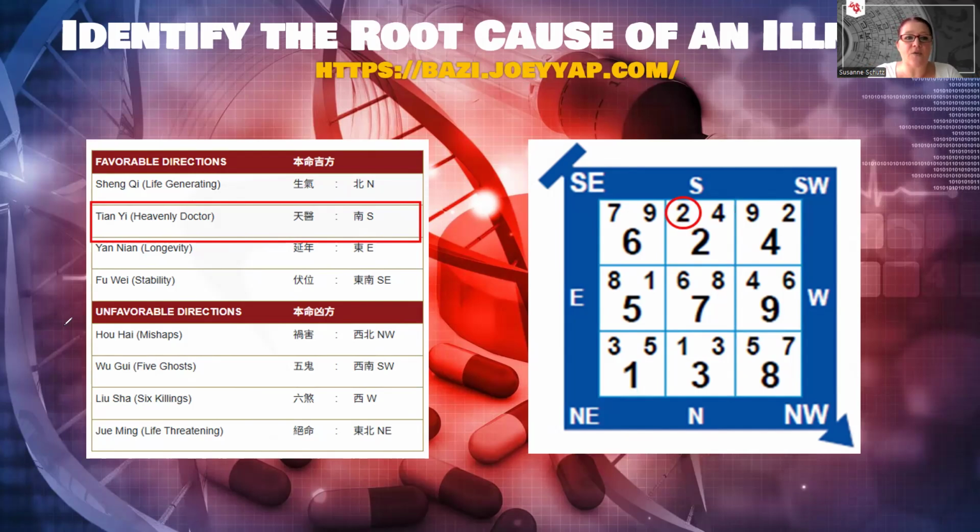Even though the south may not be your bedroom, it will affect your sleep because this is your personal Tian-yi sector. So if you have a number 1 there, even though it may be a toilet or the kitchen or whatever else, this is your personal Tian-yi sector. And if it's affected by a negative external feature and you have the sitting star 1 there, then the root cause for your issues lies in your sleep pattern.